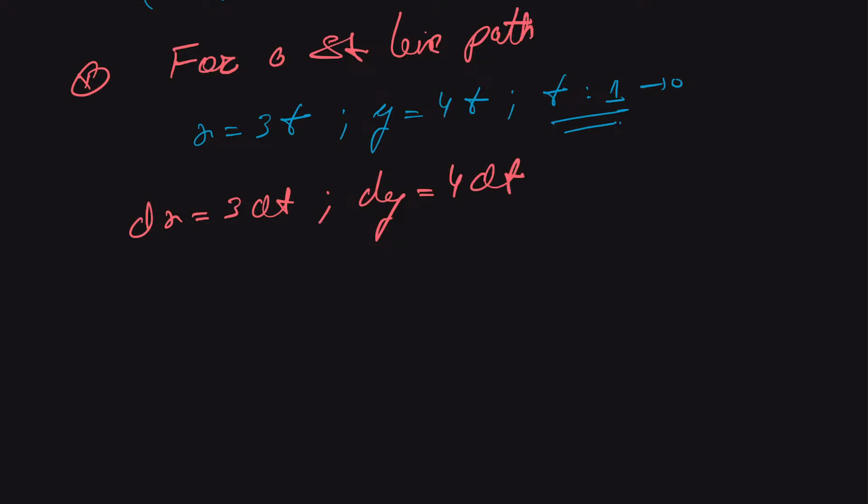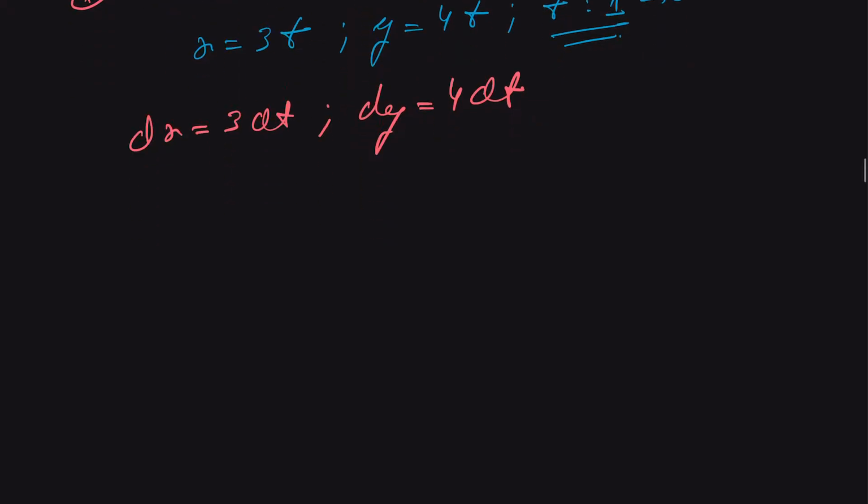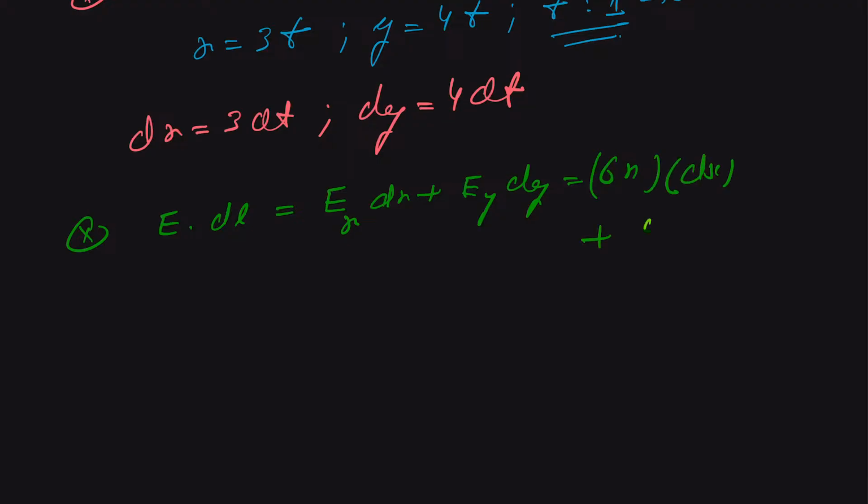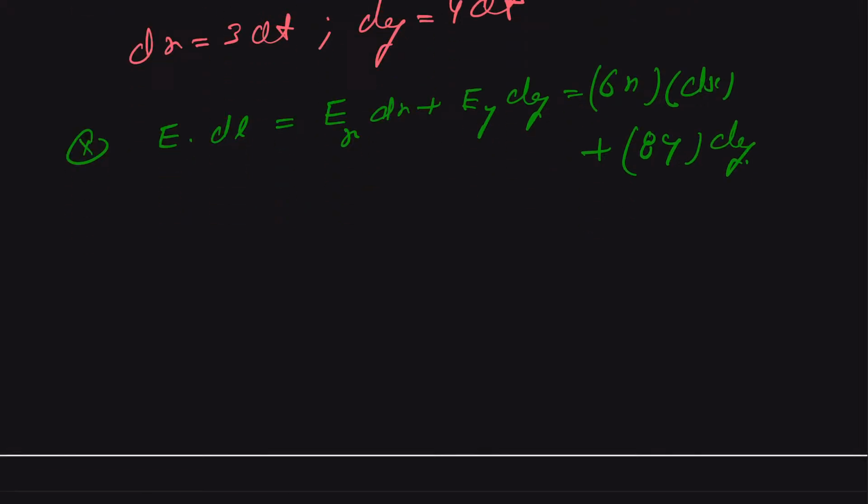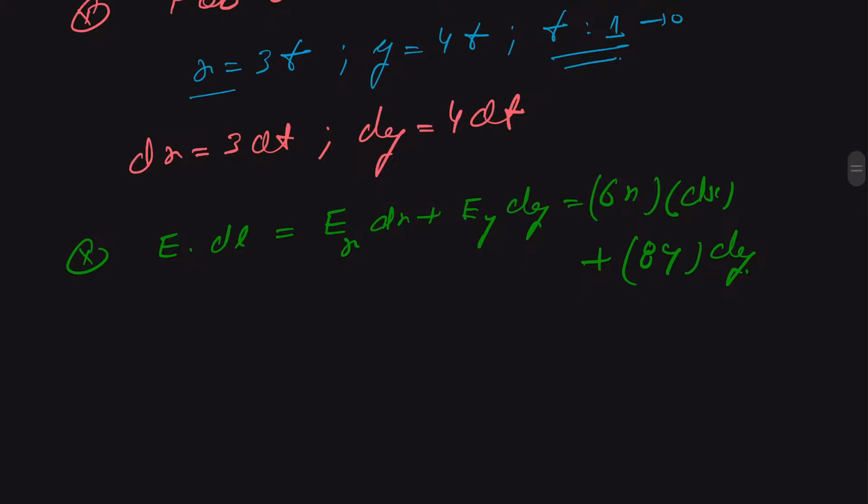and we need the dot product of E and dl. We can see E dot dl will be equal to the x component plus the y component. So this comes as our 6x dx plus 8y dy, and we already know value of our x and value of our dx, value of y as well as value of dy. So we substitute them.